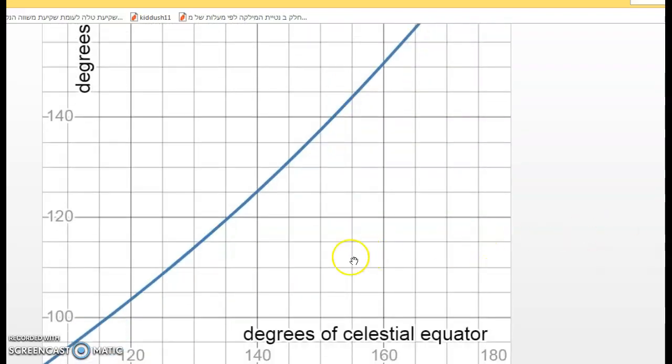This goes, it's very similar to before, just using the degrees of the celestial equator, degrees of the ecliptic, same concept. And here you see the higher degrees in this area, 120, 180.